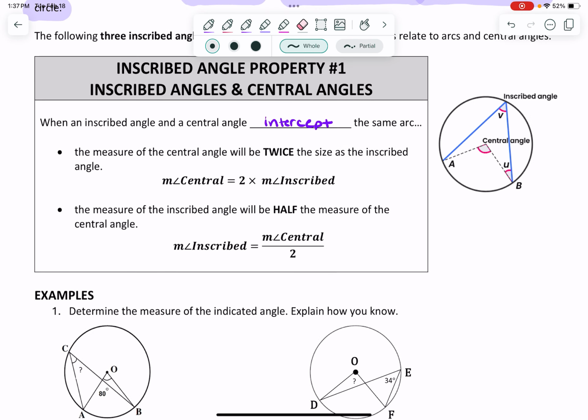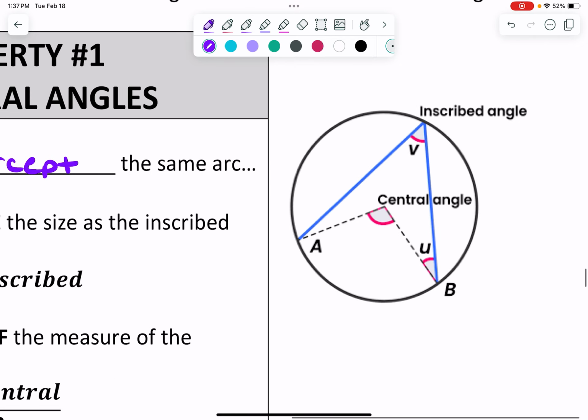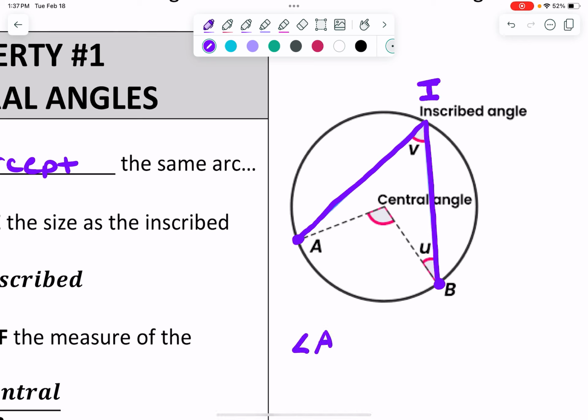Now, just to see what that looks like on a diagram, here we have an inscribed angle that I'm now highlighting in purple, and this point here, let's say it's I. So I have angle AIB being an inscribed angle.